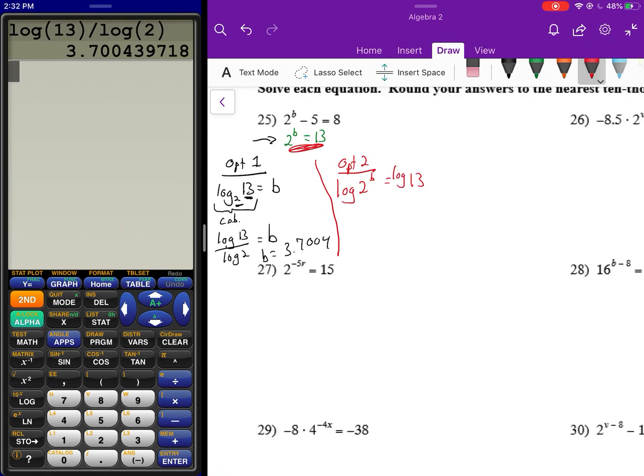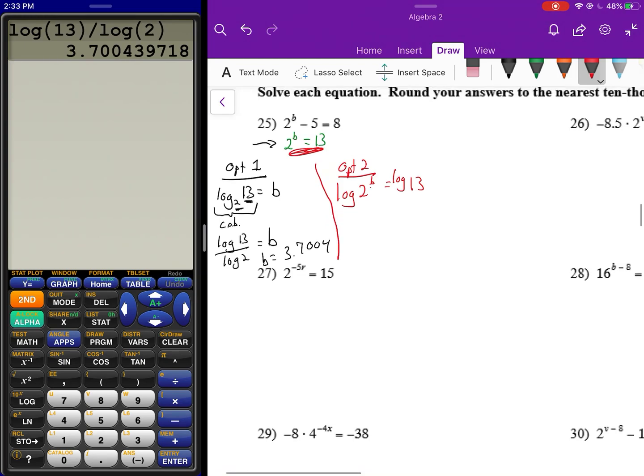Just like in other math problems, we would take the square root of both sides, or add 7 to both sides, or take the inverse sine of both sides. We can take the log of both sides. The reason we do that is we can use that power rule that moves this out front. So this is going to be b times the log of 2 equals the log of 13.